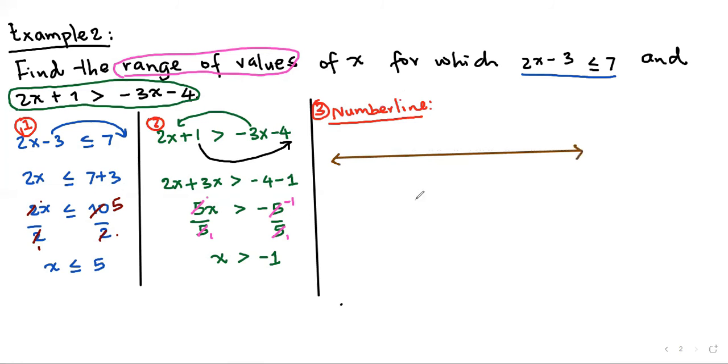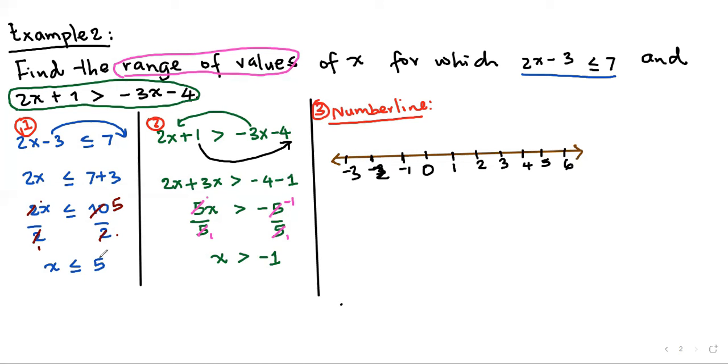So let's call this 0. We have 1, we have 2, we have 3, we have 4, we have 5, we have 6. This side, let's have negative 1, negative 2, and negative 3.